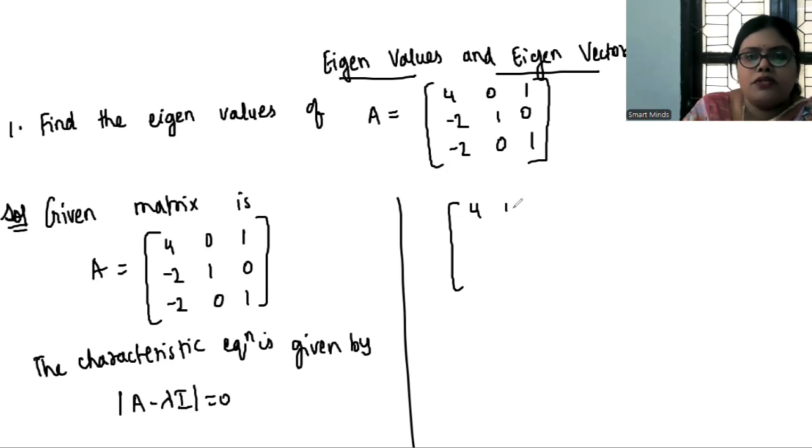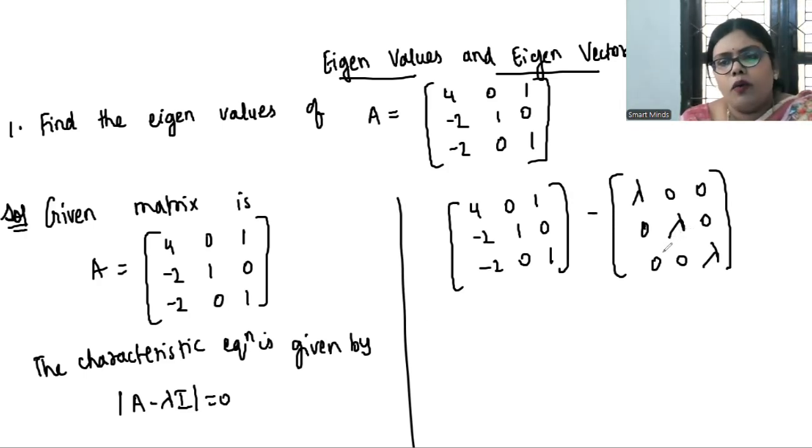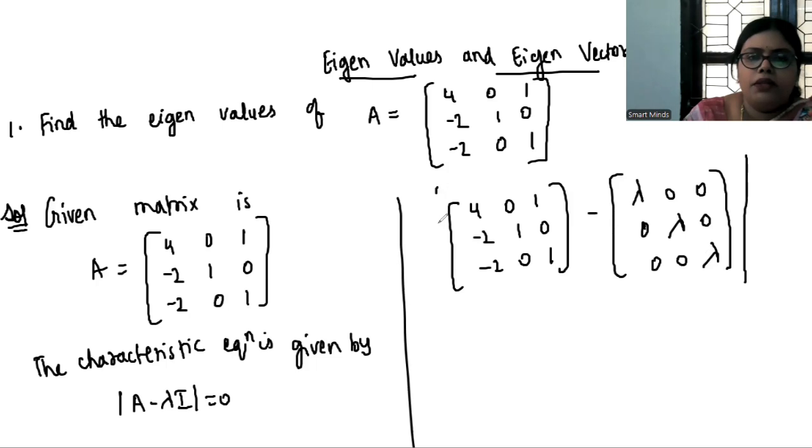A is 4 0 1, minus 2 1 0, minus 2 0 1, minus lambda I, meaning lambda on the diagonal and 0 elsewhere. What did I do over here? I multiplied lambda with the identity matrix. What is the identity matrix? 1 0 0, 0 1 0, 0 0 1. So we got this. Now we need to find the determinant of this, equal to 0.